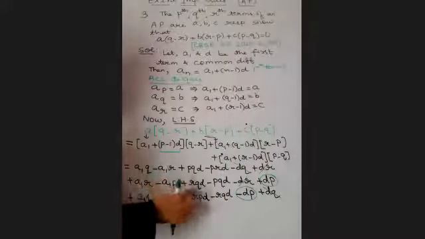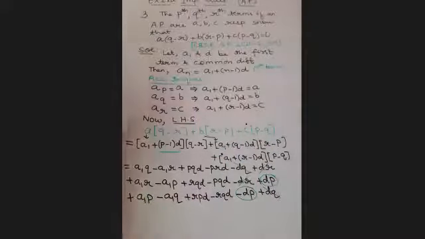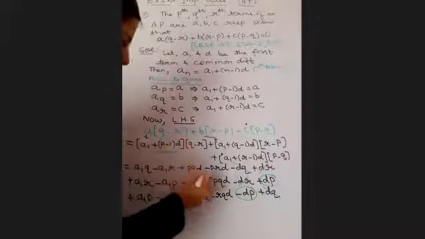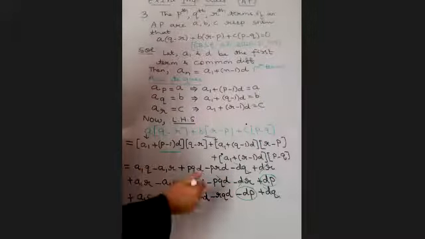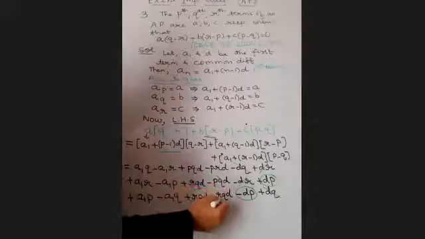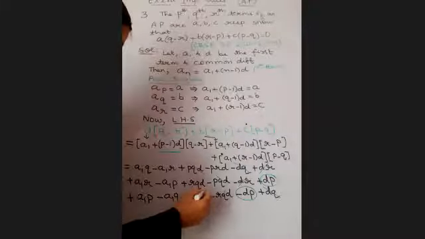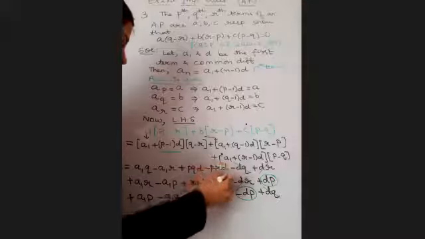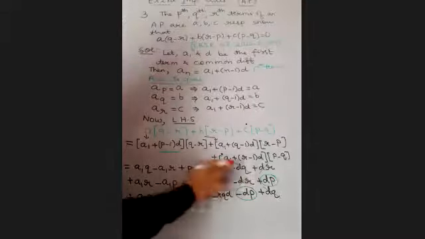Now let us look here, this side. Minus pqd and plus qrd again gone. Minus rqd and rqd. rpd and minus prd, so these also gone.